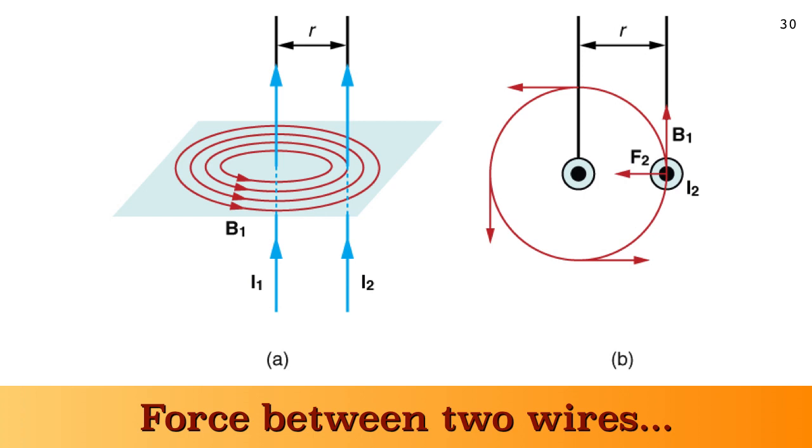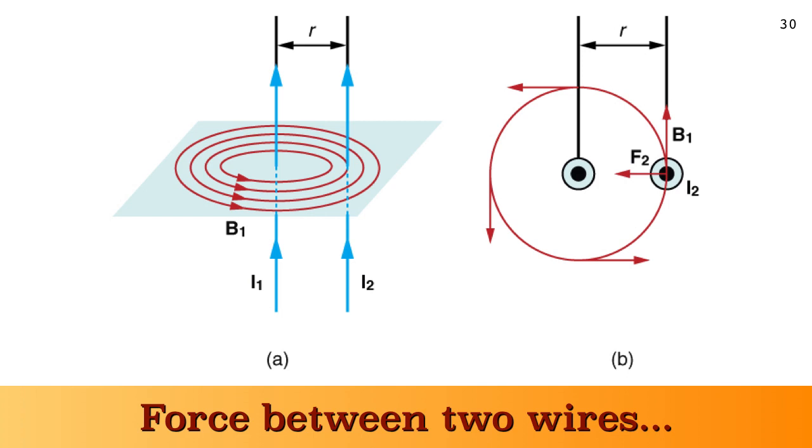The force between two wires. So you have current 1, current 2 in this diagram, and each generates magnetic field lines around itself. Right now, this diagram, A, has magnetic field lines around current 1. The field is going straight up the page, so the field lines curl around in front and then around in the back.